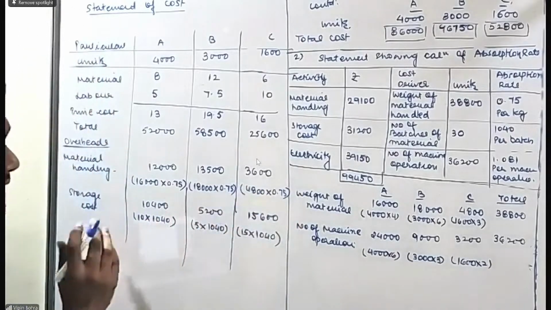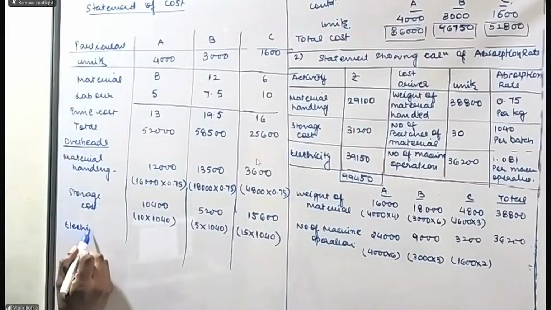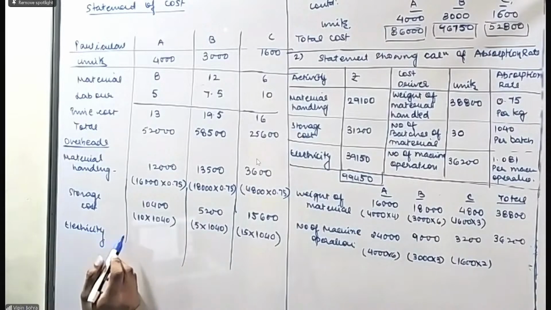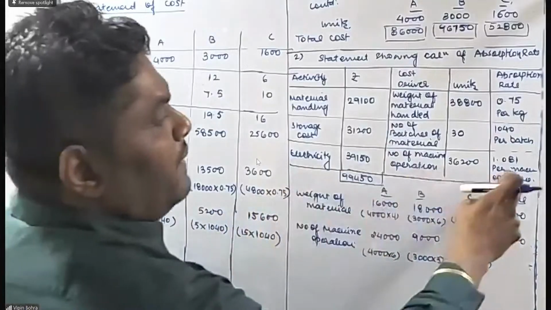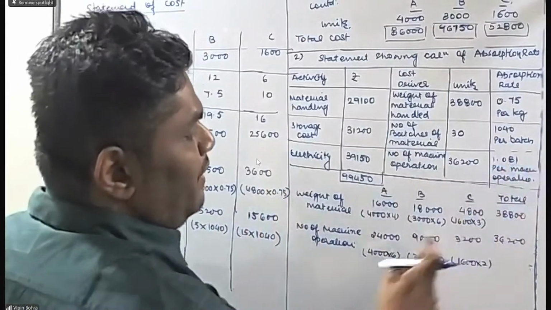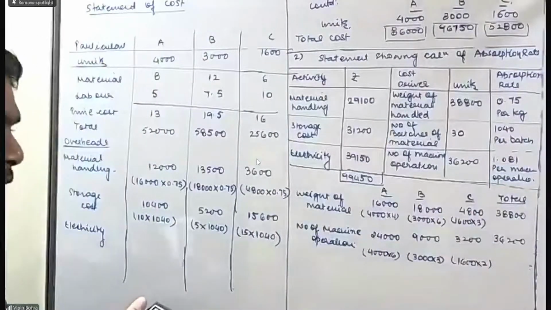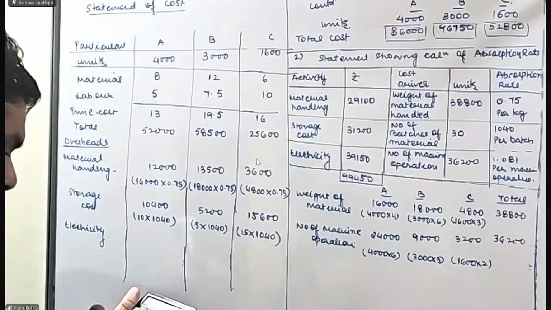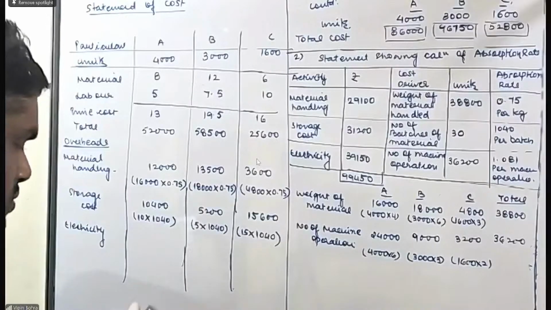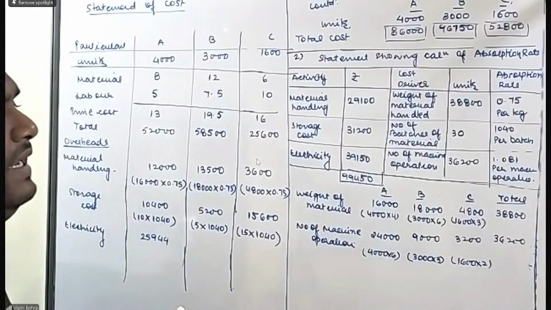The last part is electricity. Electricity is 1.081 for every machine operation. So 24,000 into 1.081 will be 25,944. I'm just writing it directly.